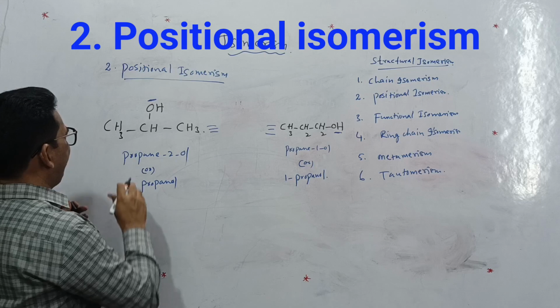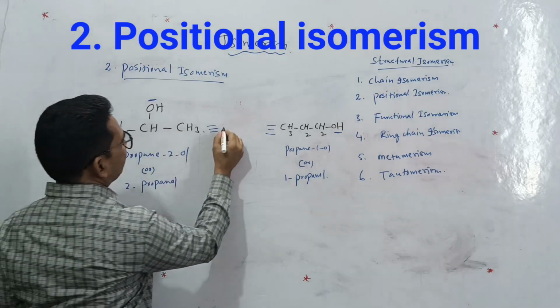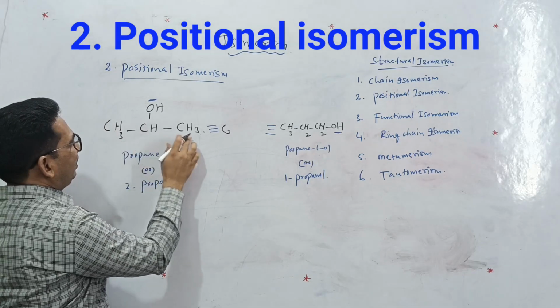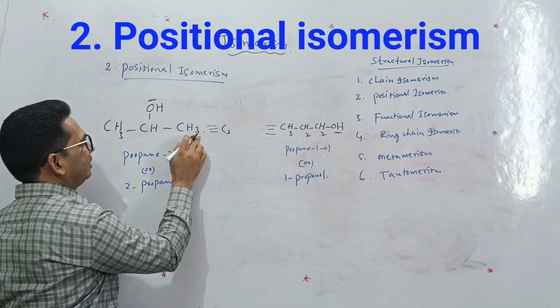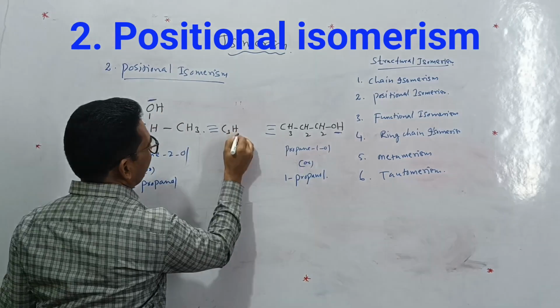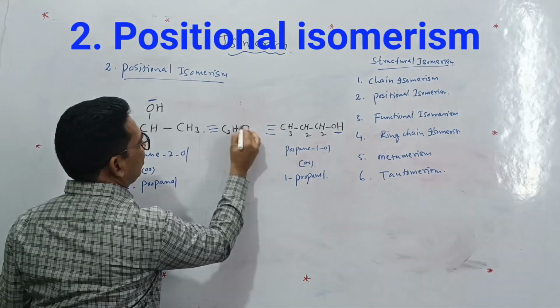What is the formula? How many carbons? 1, 2, 3. C3. How many hydrogens? 3, 4, then 3, 7, then 1, 8. Total 8 hydrogens, H8. Then oxygens: 1 oxygen.